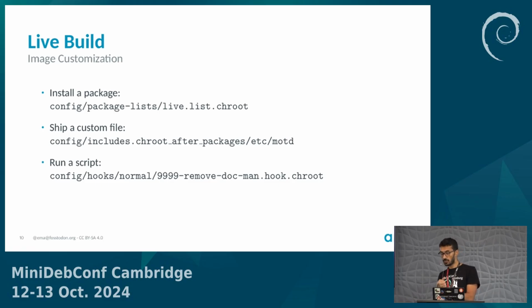So if you want to really fine-tune things, you can also specify hooks, which are just scripts that will run at the end or before the stage where the chroot is being prepared. So you can, for example, just remove all documentation if you don't care about that. And yeah, run arbitrary commands towards the end, for example, of the build process.